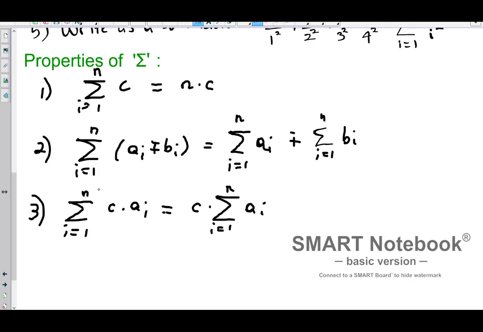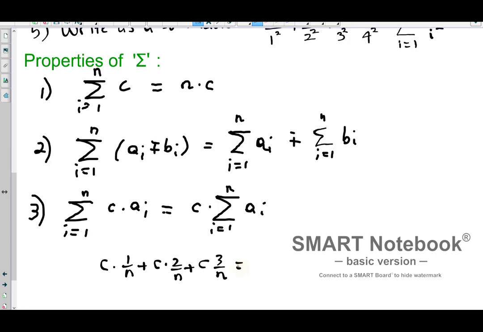In that situation, you could actually factor out the constant c. Think of this as, let's say, c times 1 over n plus c times 2 over n plus c times 3 over n. So you could indeed take the c out and you will still have a summation of everything else.